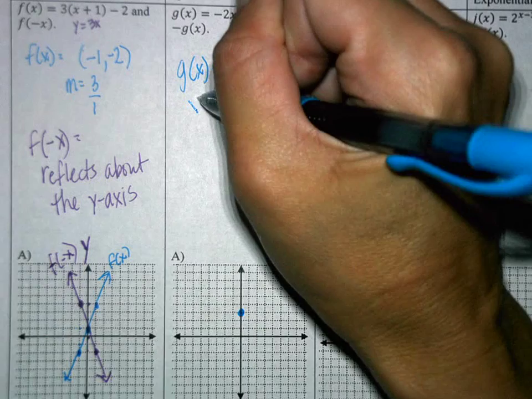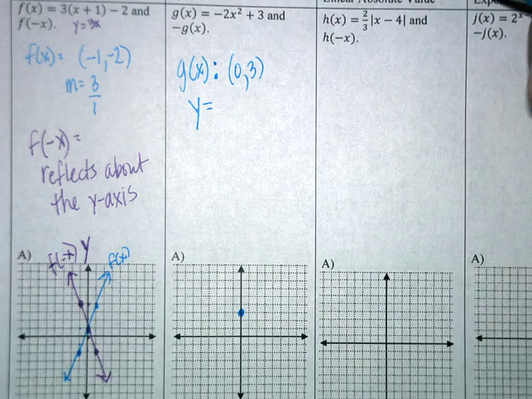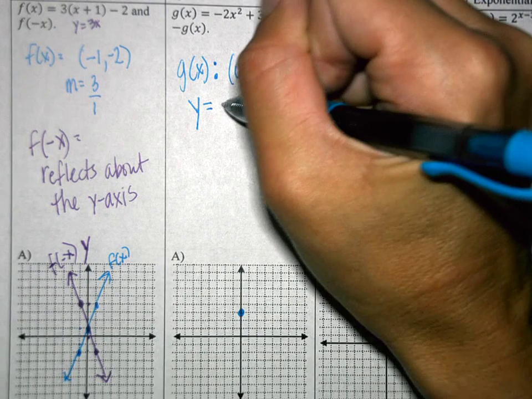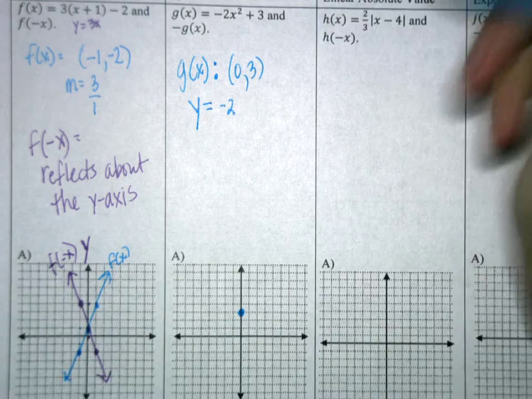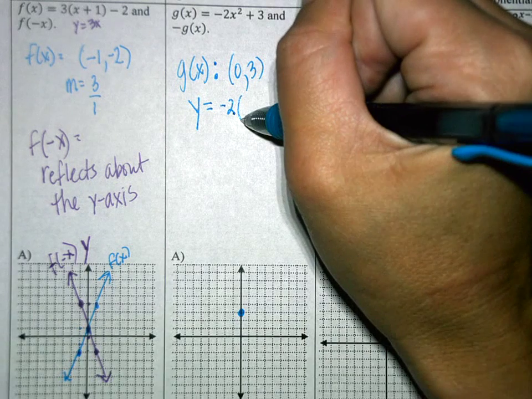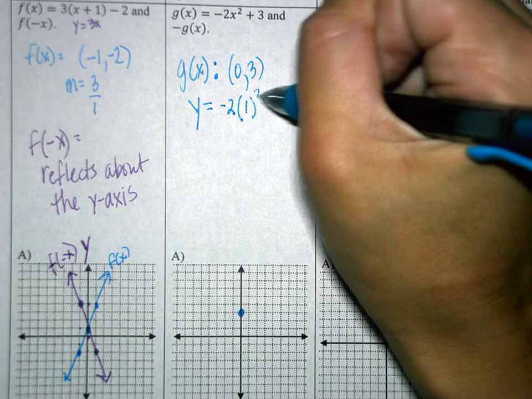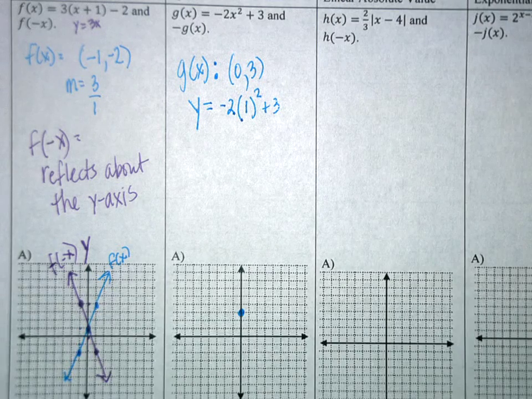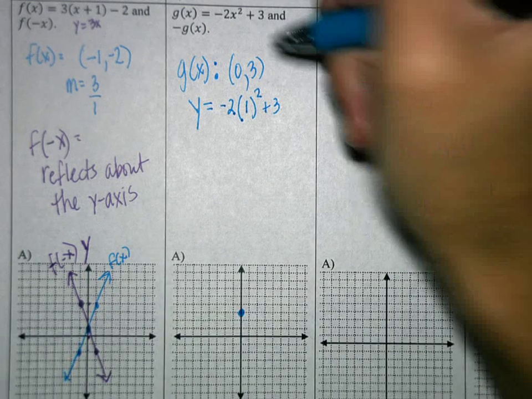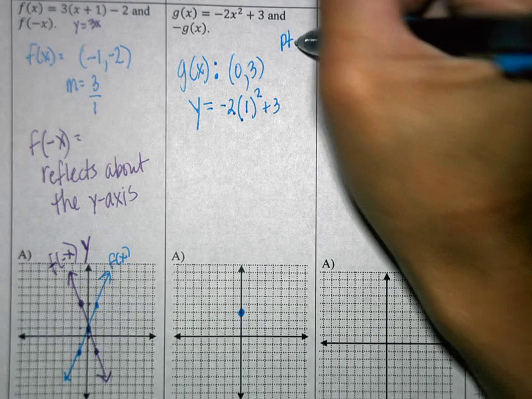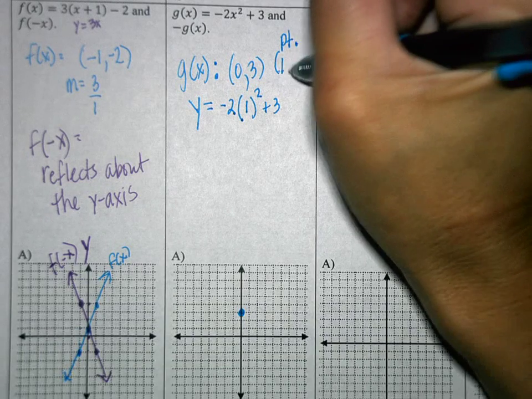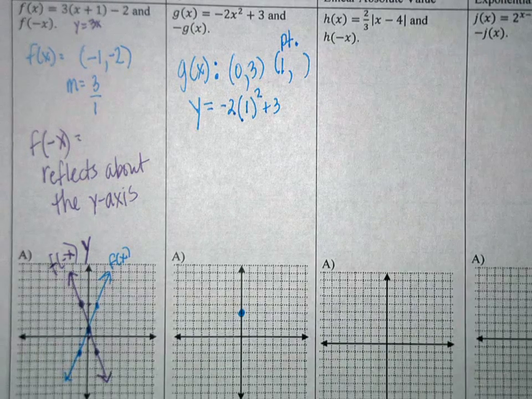So that means I'm going to write y equals negative 2, and we're plugging in 1 for our point, so I'm going to write 1 squared plus 3. And I might, just so that I don't forget what I'm doing, put a point over here, and we know we're getting 1 for x, and we're trying to find what the y is.